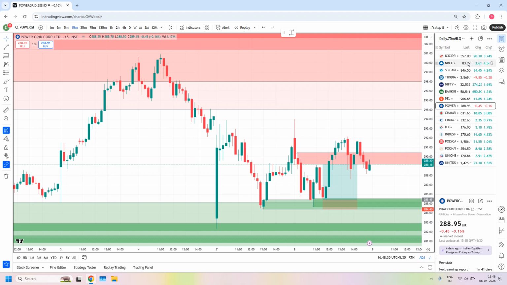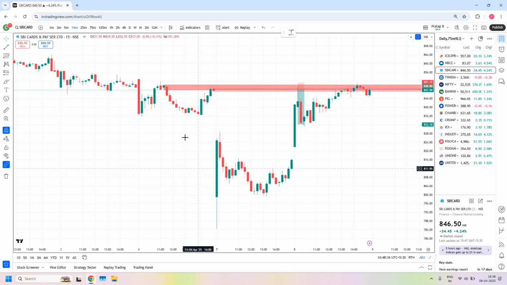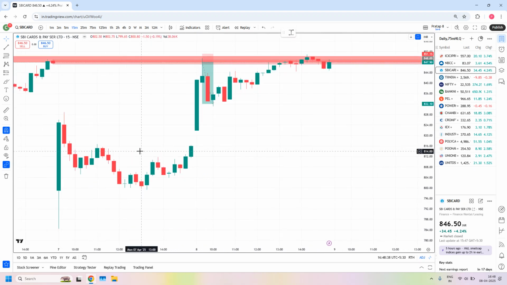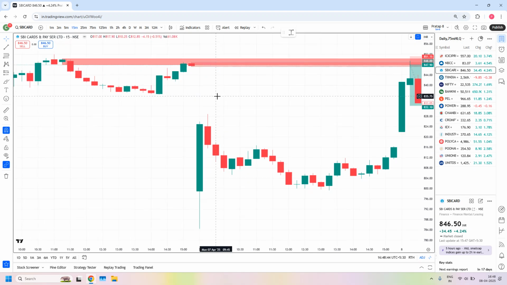Today also, SBI Card gave us a very perfect trade. That is a perfect one, no question at all. So if you look into the last report at our Telegram channel, that is the most filtered. See, we got nearly 75 stocks with a bearish trade setup for daily income trade.